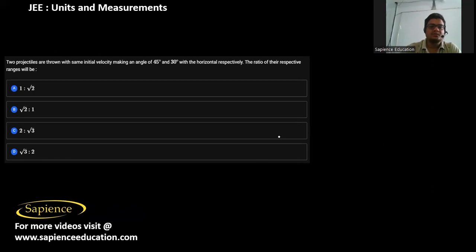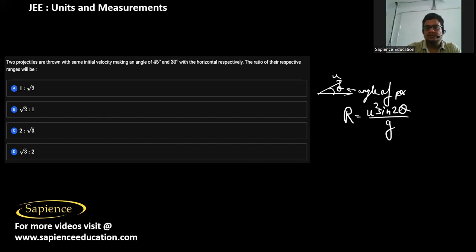So range, as we know, is equal to u square sine 2 theta by g, where u is the initial velocity and theta is the angle with the horizontal at which the projectile is being thrown. So theta is also called the angle of projection, u is the initial velocity and R is the horizontal range.